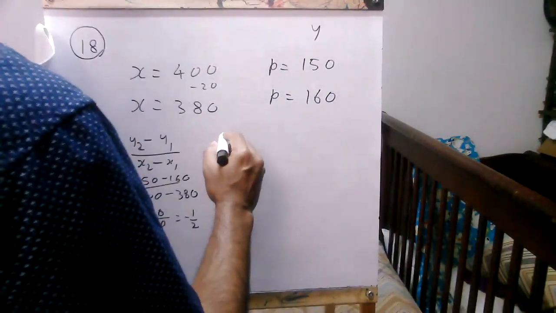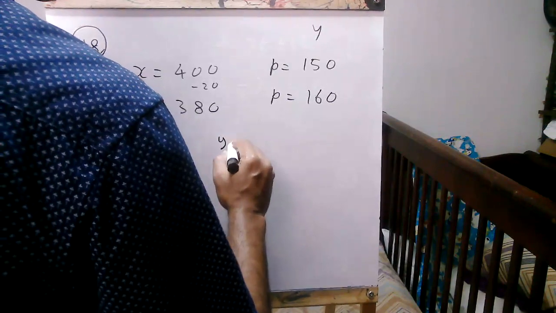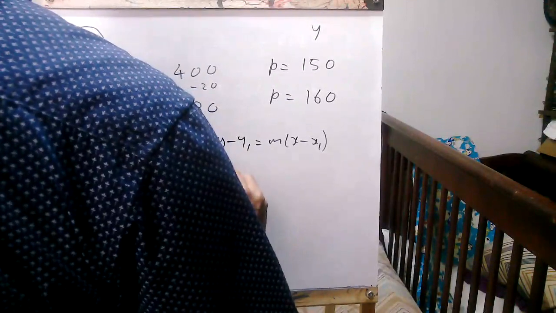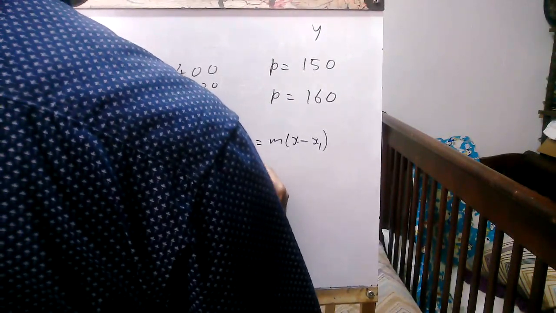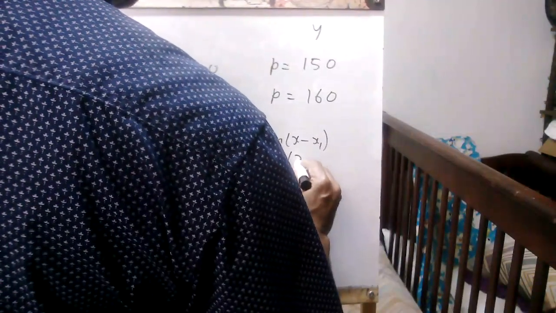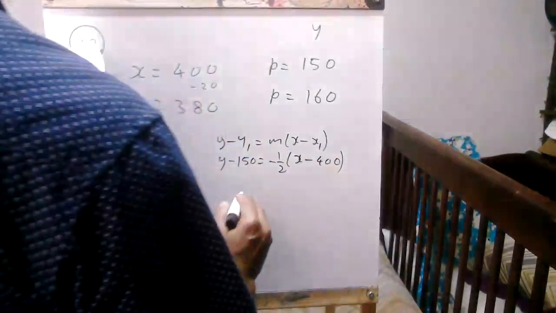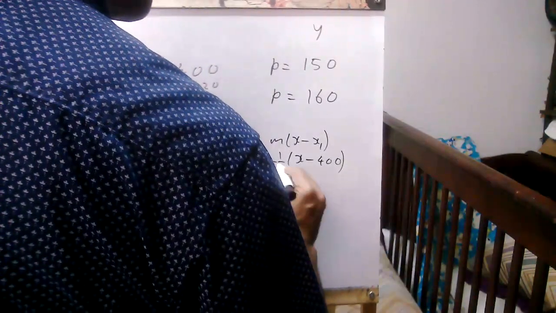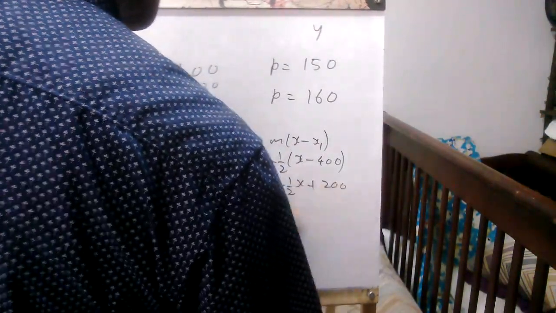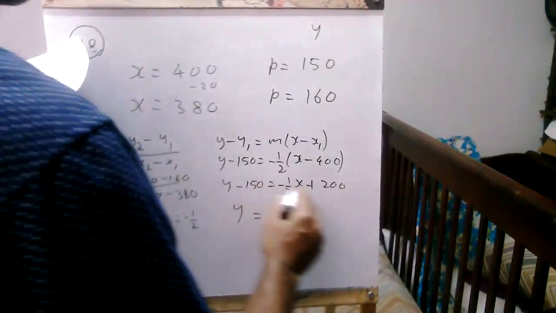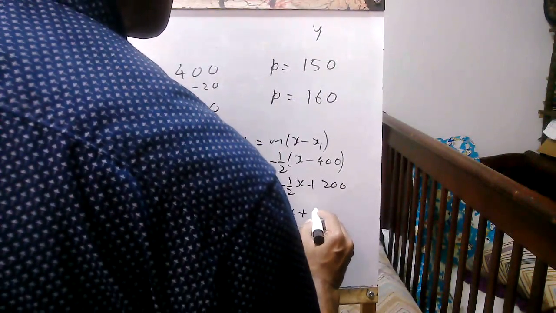Then we can write the equation of the line using the point-slope form. y minus y1 equals m times (x minus x1). y minus 150 equals negative 1/2 times (x minus 400). y minus 150 equals negative 1/2 x plus 200, so y equals negative 1/2 x plus 350, since 200 plus 150 is 350.